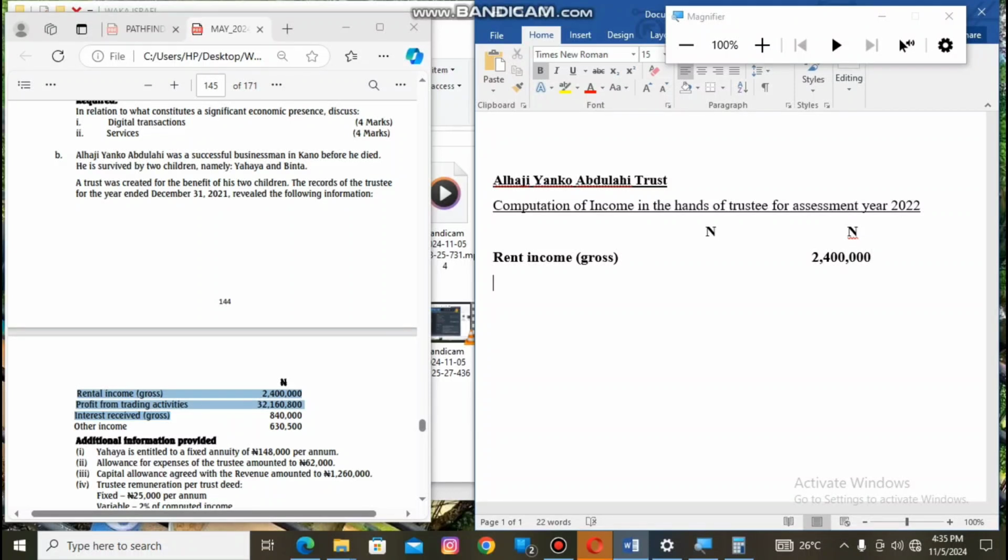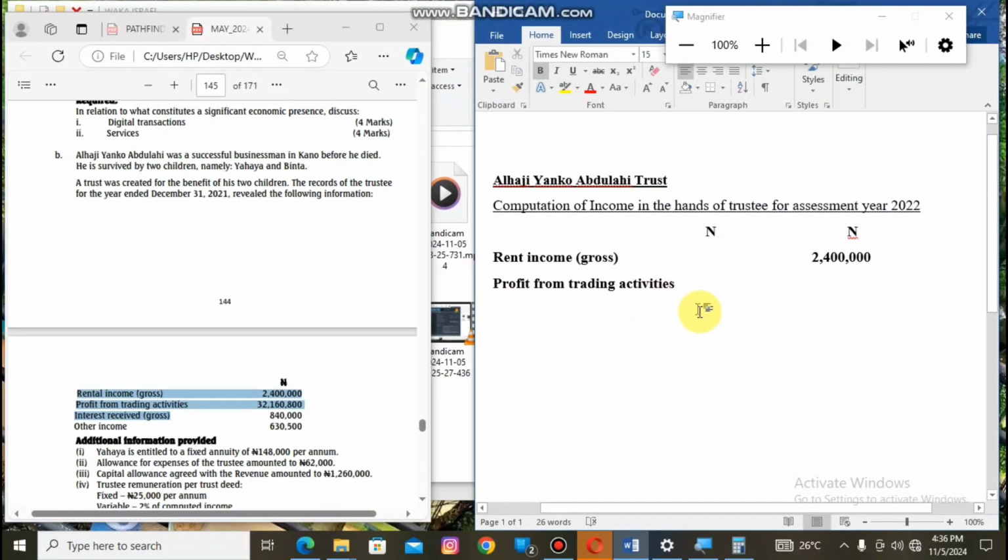Then the next thing, there's profits from trading activities. I always advise, when you see profit from trading activities, please treat it first, because capital allowance will be offset from this particular amount. You have to offset capital allowance from the trading activities. Whichever way it comes in any question, if you see profit from trading activities, then probably there must be capital allowance.